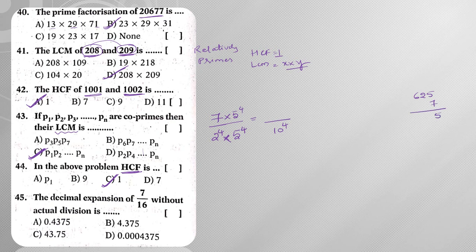Now 7 5s are 35, so 3 is carried, 7 2s are 14 plus 3 is 17, so 1 will be carried, 7 6s are 42 plus 1 is 43. So this is 4375 in the numerator. Since 10 power 4 is in the denominator, we have 4 decimal places, and in the numerator we have 4 digits, so directly we can write 0.4375. This is without doing actual division, so option A will be my answer.